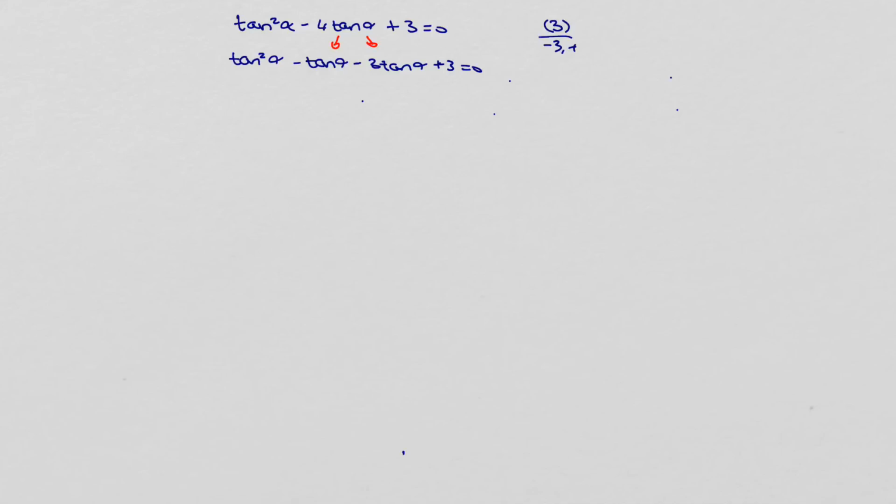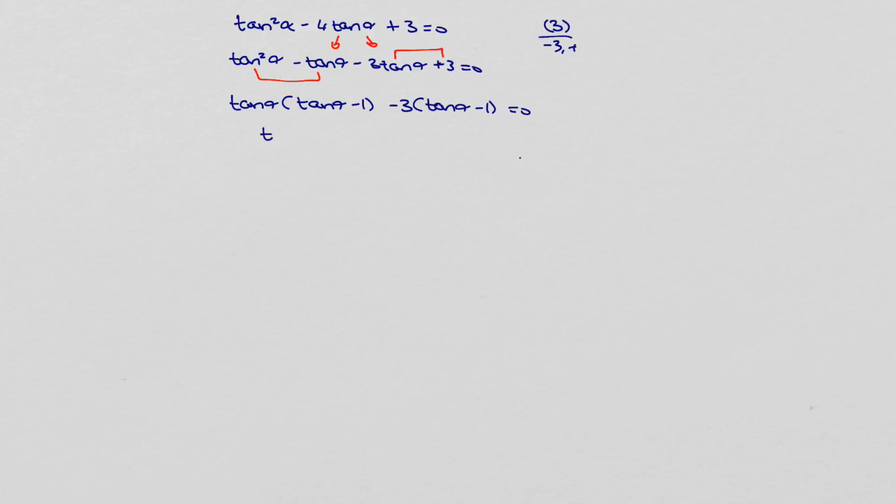They can be either. And we're going to group the first 2 to get the highest common factor, and group the second 2 and take out the highest common factor. So therefore we have tan alpha is common, leaving us with tan alpha minus 1. Minus 3 is common, leaving us with tan alpha minus 1.